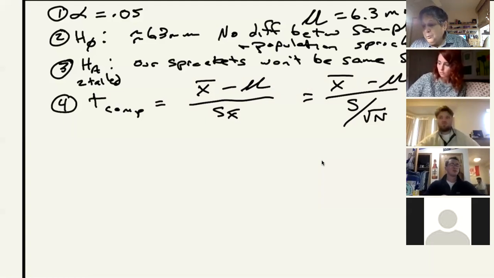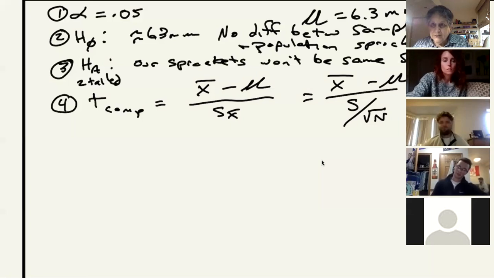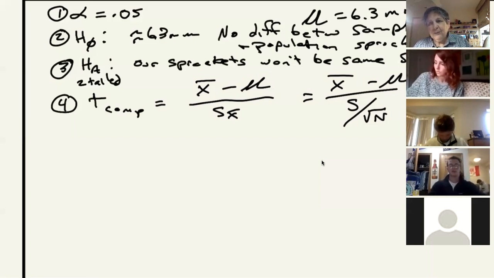It gives us more power. We're going to get a higher t computed value, which is good if we want to see a difference. In this case, it's actually bad because we don't want to see a difference. But the more n we have, the more we can reject the null hypothesis. Usually we want to. So that's why we always have big sample sizes.